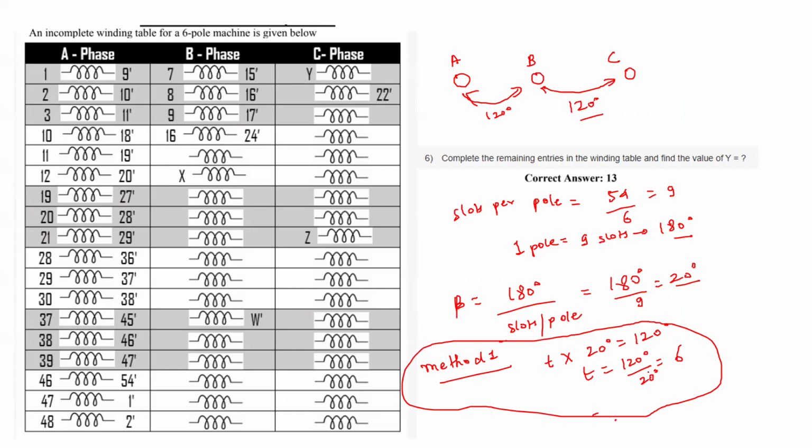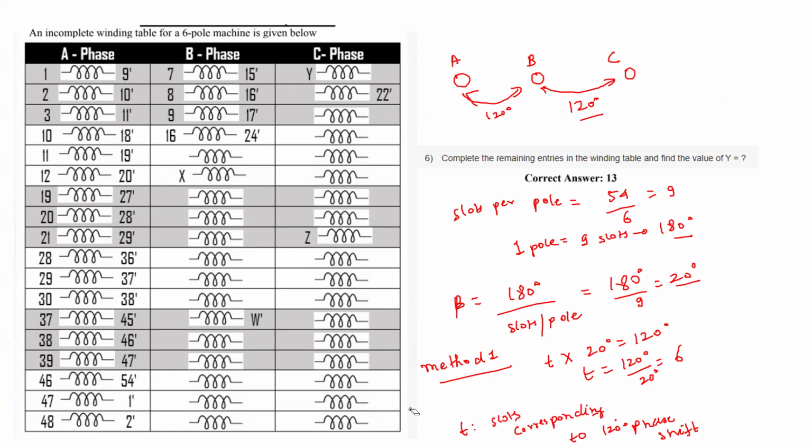That is why you calculate T, this phase shift, the slots corresponding to a 120-degree phase shift. So we know that 6 slots correspond to a 120-degree phase shift.